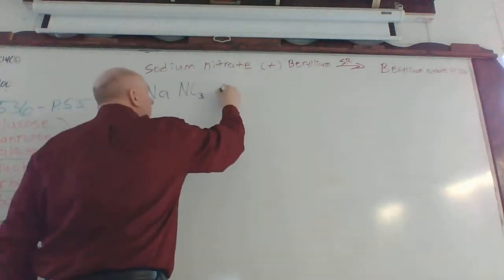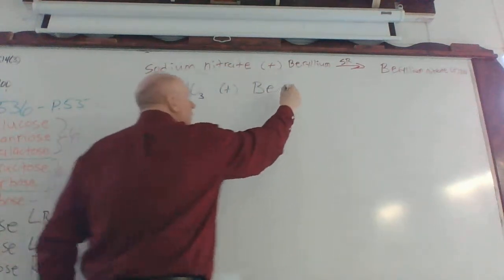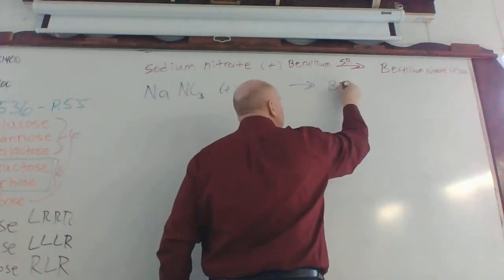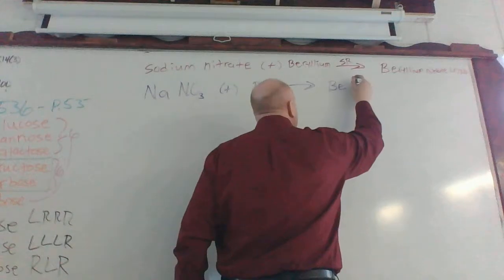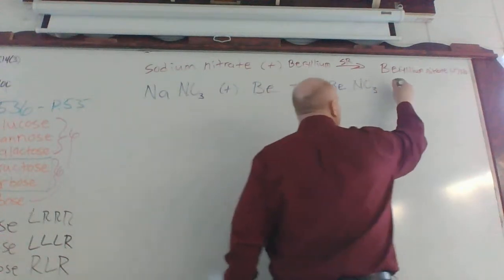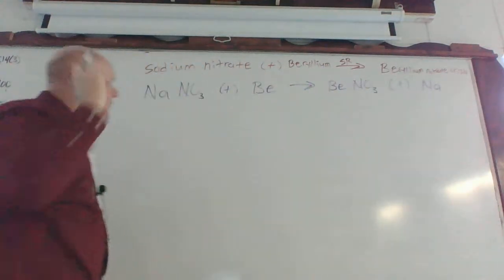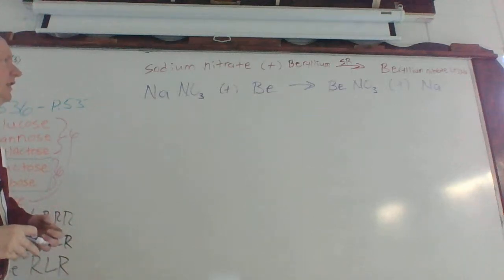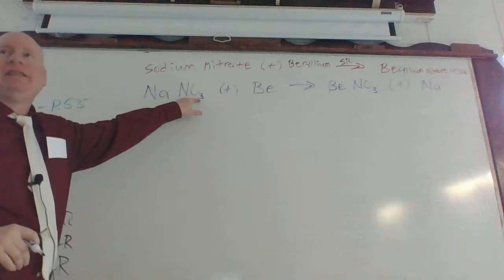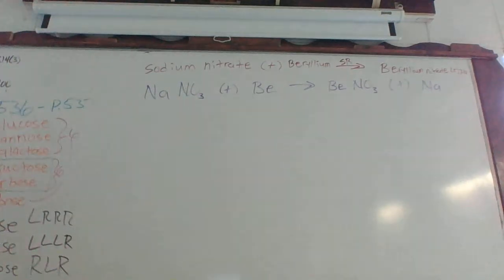Okay, we're adding beryllium to this, or Be, and it gives us some beryllium nitrate, Be, NO3, plus sodium. Now, remember, when it comes to some of these subscripts that go from one side to the other, we know that that 3 has to go over because the 3 is part of the nitrate formula. So we always want to keep that in mind.